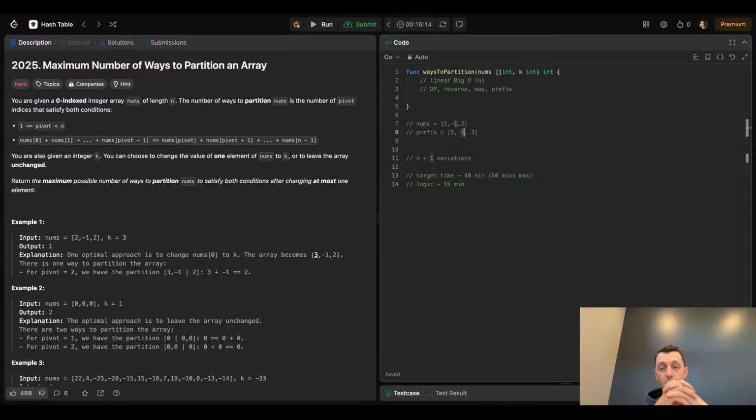The number of partitions, yeah. Because we still need to check every value. So yeah, I'm not seeing how that could be helpful. At least at that point. Then what else? What else?